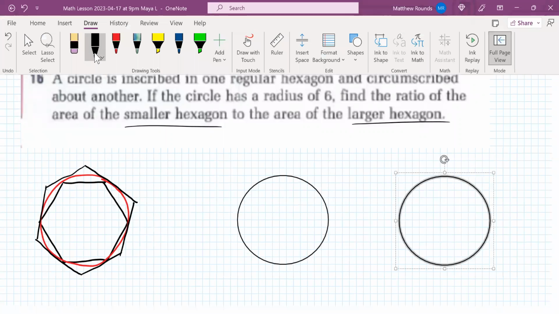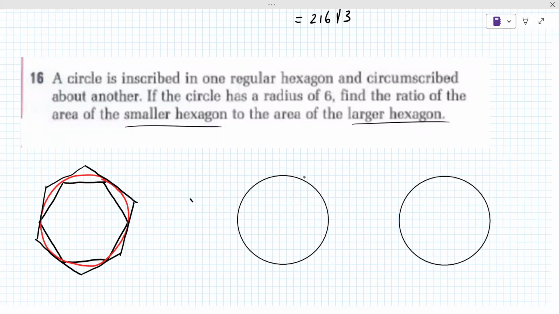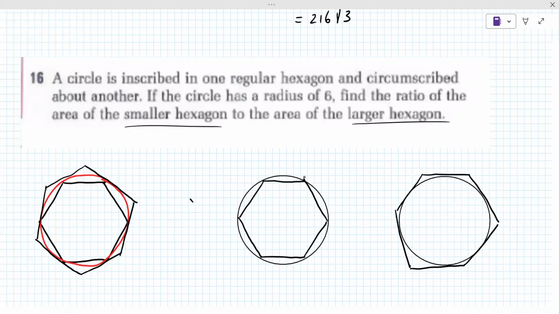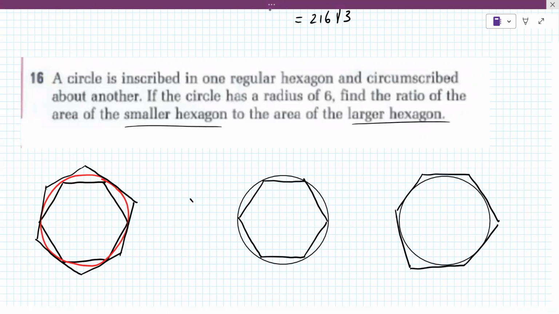So the first one is inside here like this. And then the other one is kind of more at an angle, but I think I can do it this way. Boy, that didn't come out very good. Okay, you get the idea, hopefully.